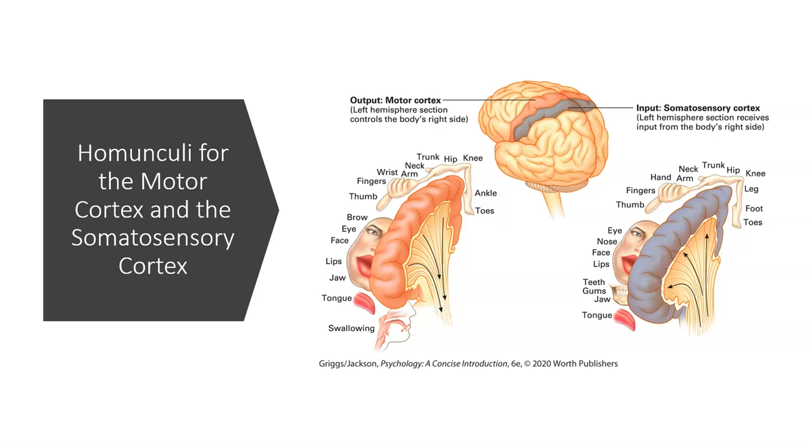So output, motor cortex is going out to the body to control actions that the body needs to take. The somatosensory cortex is similar in that you have a lot of input from the tongue, the face, the fingers, the thumb especially, much less for the rest of the body.